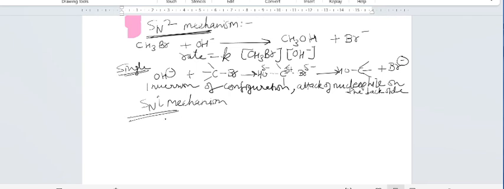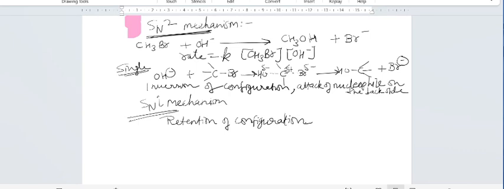This is the feature of the SNi mechanism, that there is retention of configuration even when there is no possibility of a neighboring group effect. Means that the groups present on the carbon are not favoring any such retention of configuration. Still, there is retention of configuration.